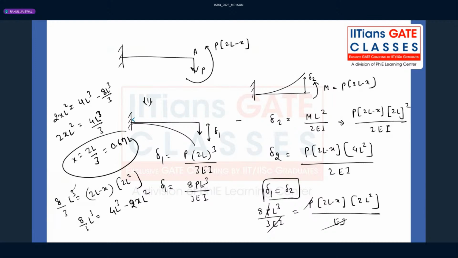Remember, the length is not L, the length is 2L. That's why we are adding 2L here. The actual formula is ML square divided by 2EI with L effective; when the length is 2L, it has to be replaced by 2L.